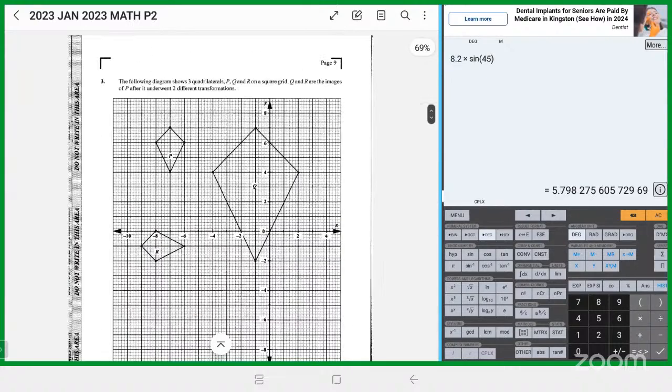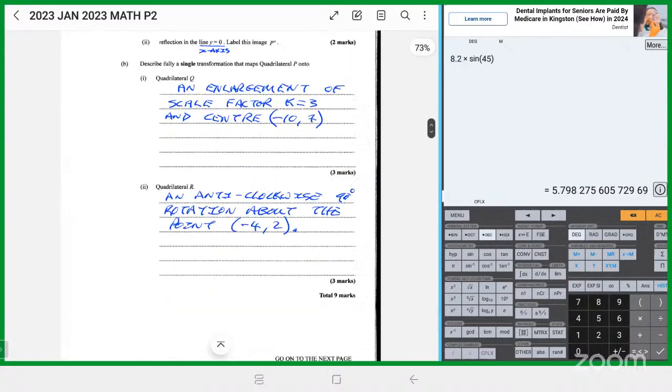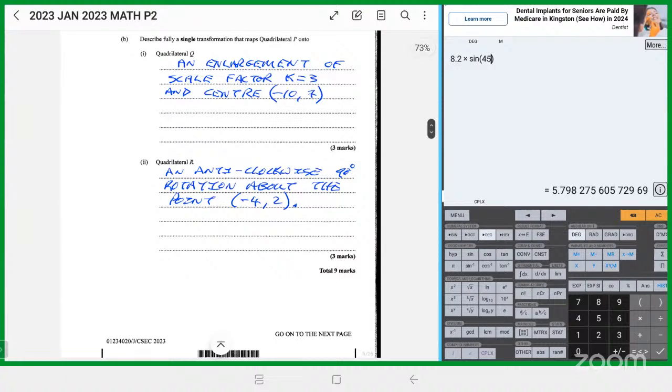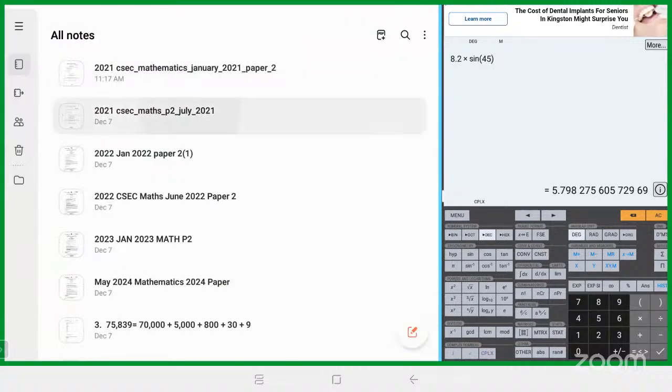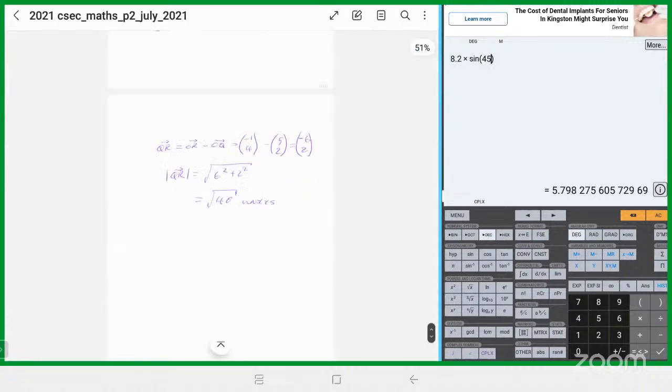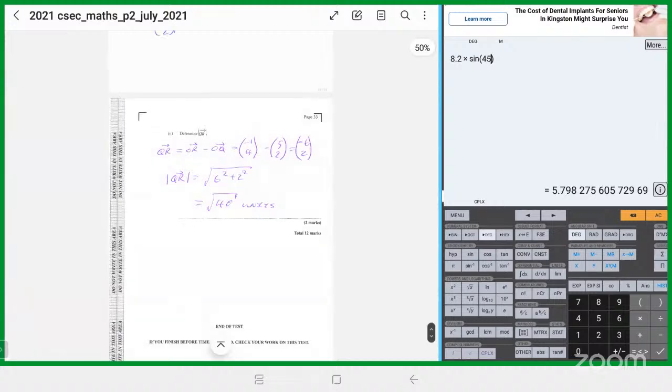Let me just check something quick. No, I didn't give you the January 2023. I gave you 2021.